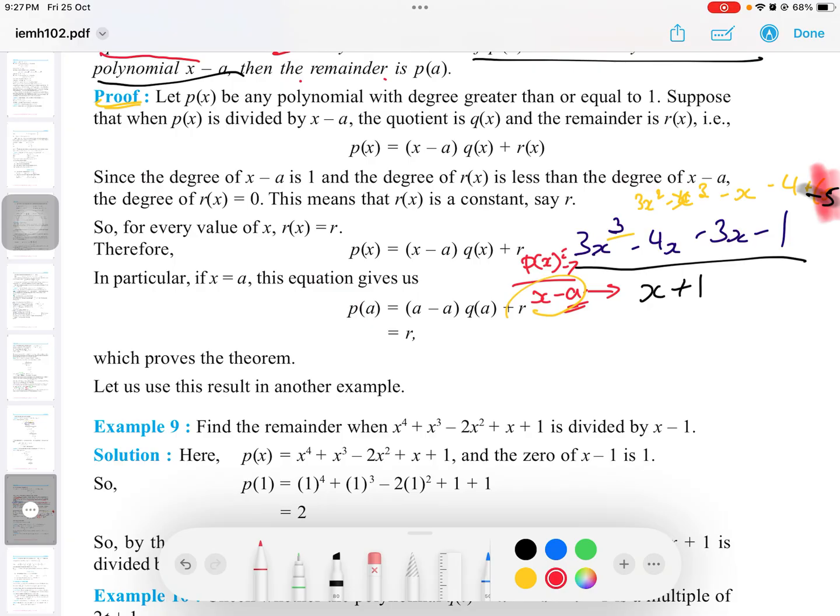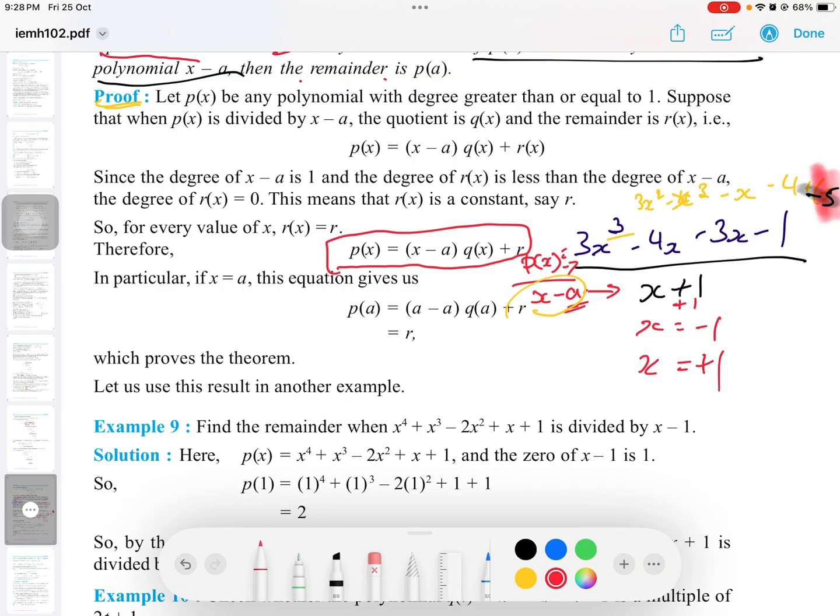Now, what is this? This is the general thing, okay? Now, if x equal to a, here in the sense x plus 1 equals x minus 1.